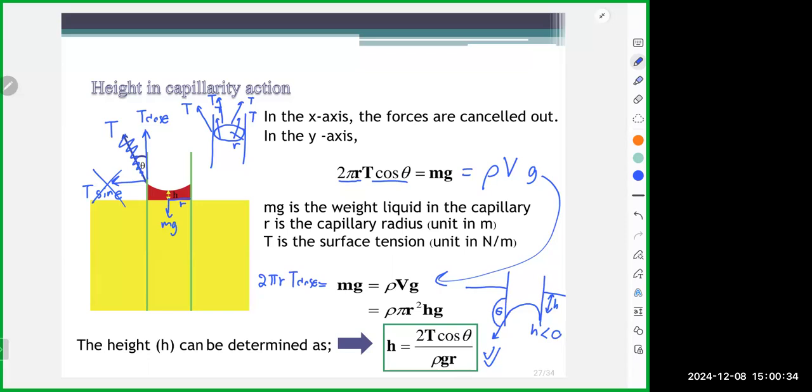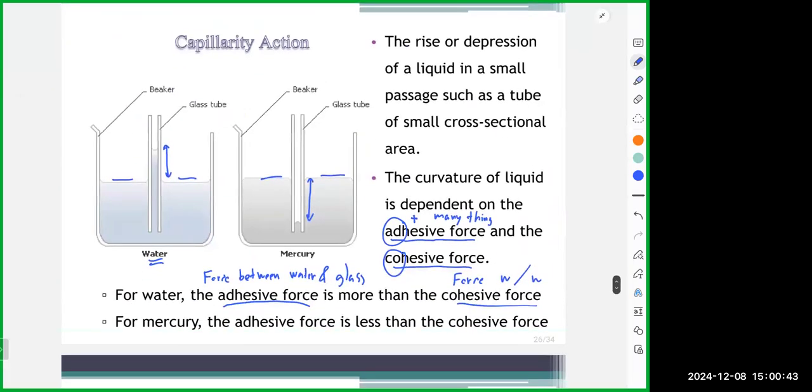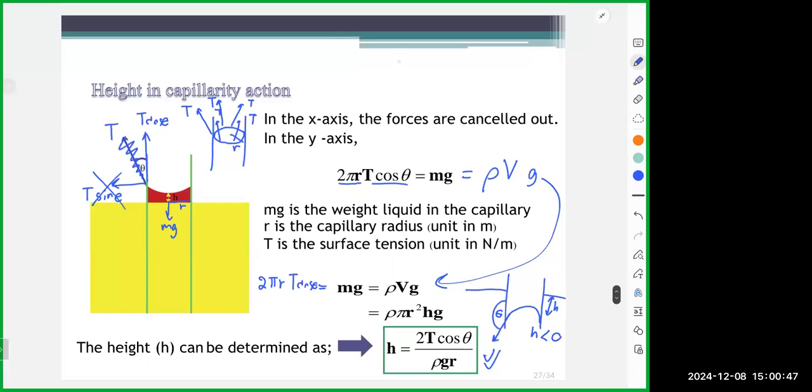So in this case, it implies that if the cohesive and adhesive forces are the same, you could see that in the capillary, that's normal, and here is normal, which means that the tension would point parallel.